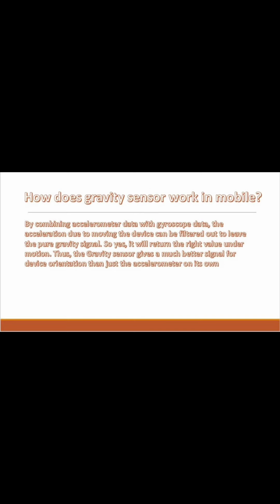By combining accelerometer data with gyroscope data, the acceleration due to moving the device can be filtered out to leave the pure gravity signal. So yes, it will return the right value under motion. Thus, the gravity sensor gives a much better signal for device orientation than just the accelerometer on its own.